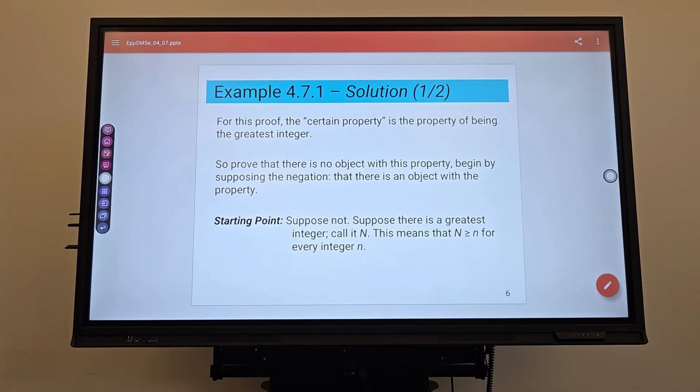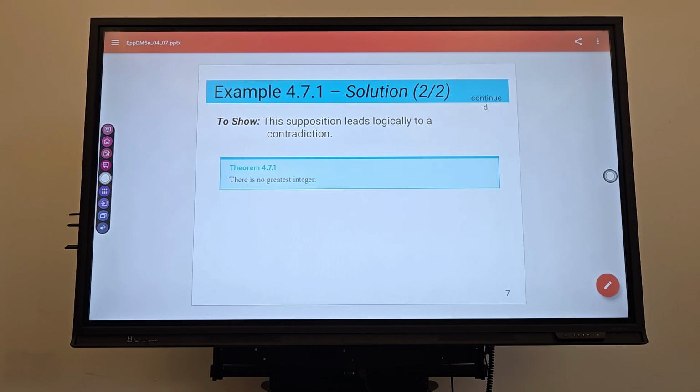Suppose there is a greatest integer, call it big N. This means that big N is greater than or equal to n for every integer little n. This supposition leads logically to a contradiction. Theorem 471 is there is no greatest integer.